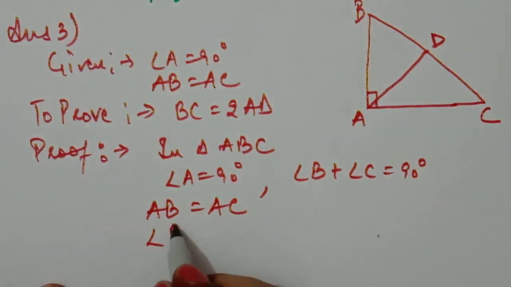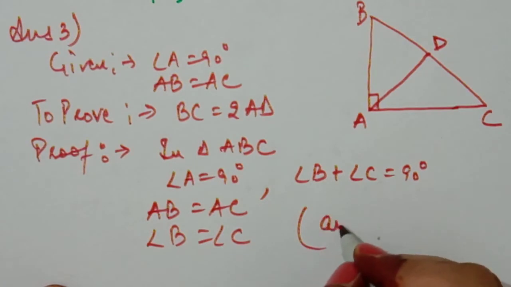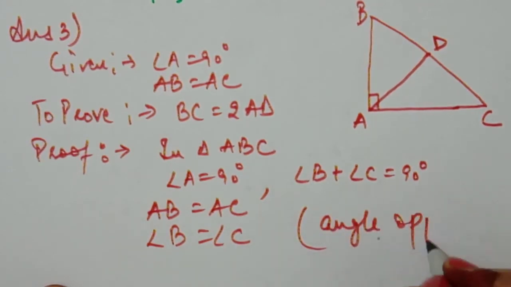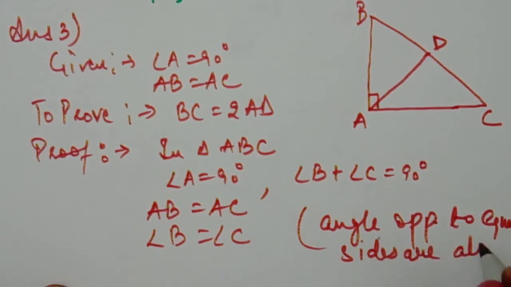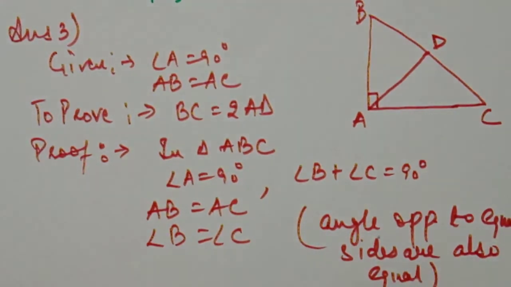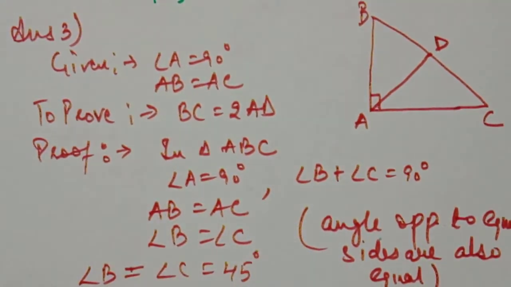So angle B is equal to angle C. We have to give the reason: angles opposite to equal sides are also equal. So we know it very well, if they both are equal to each other, angle B is equal to angle C is equal to 45 degrees.